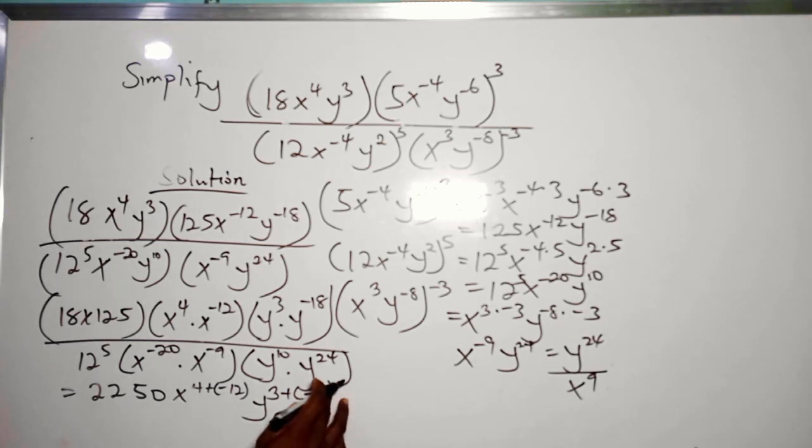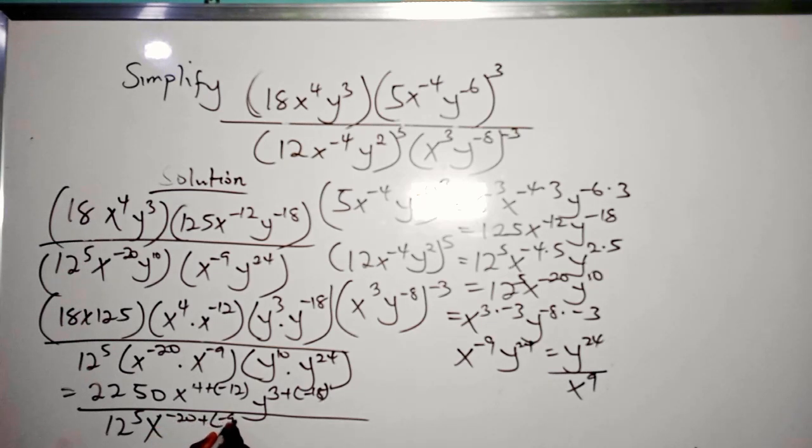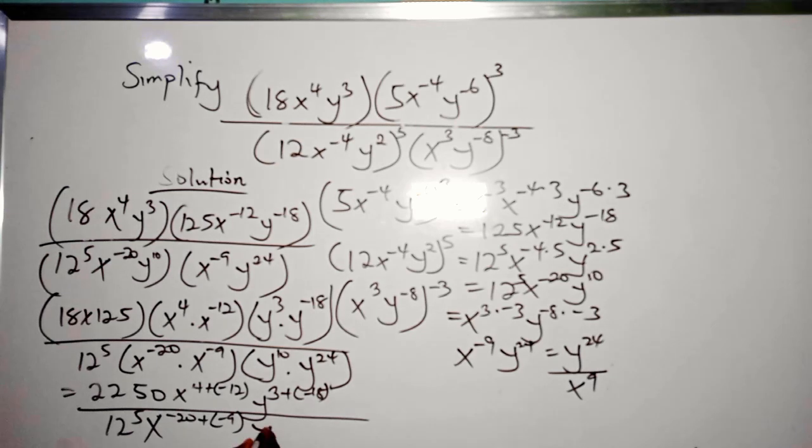Here we divide by 12^5. For x, we have minus 20 plus minus 9, since we are multiplying the same base, so we add the power. And for y, we have 10 plus 24.